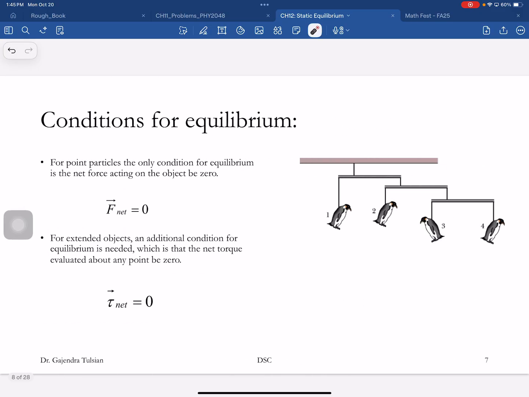So the conditions for static equilibrium of an extended object are that the sum of the forces acting on the object should be 0, and the sum of the torques should be 0.